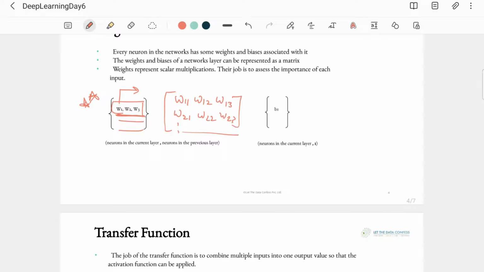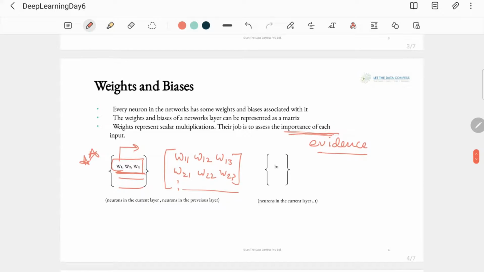So the weights play a very important role in any neural network model. And again it is represented as a matrix, and basically they are all scalar multiplications, and it is the importance, or I would call it evidence.